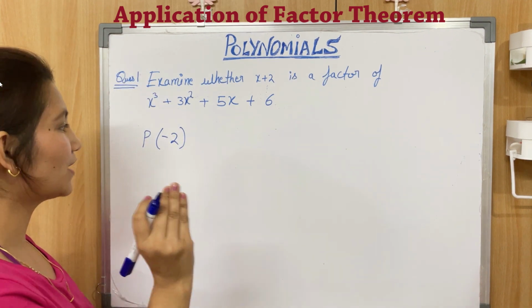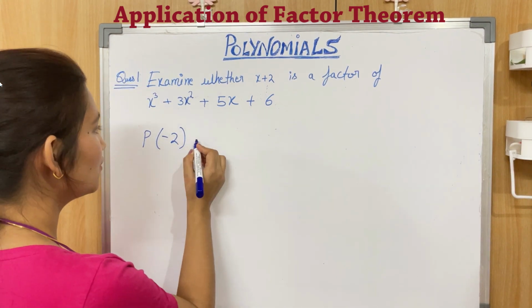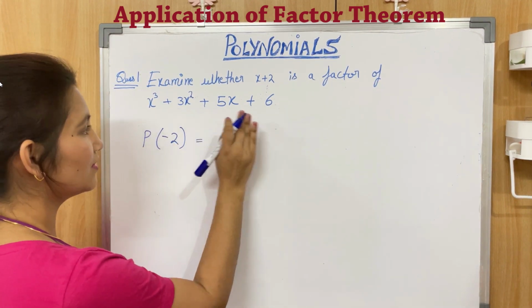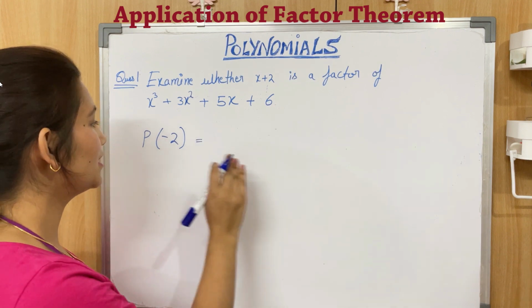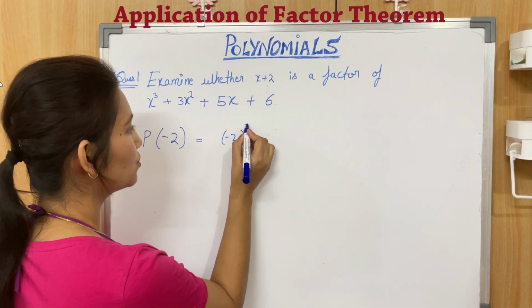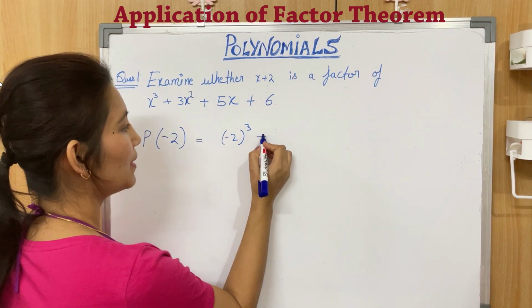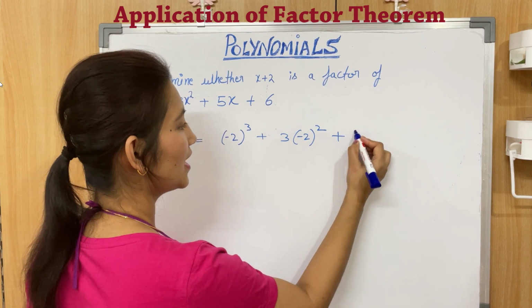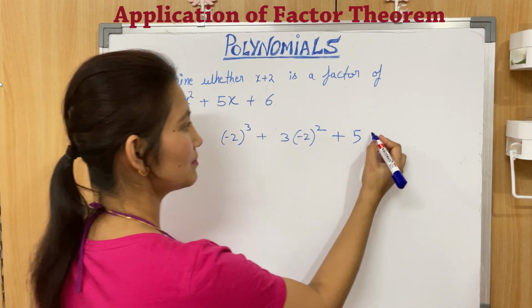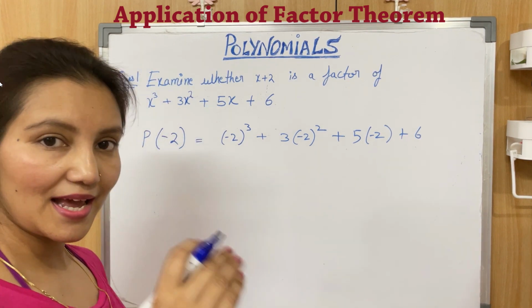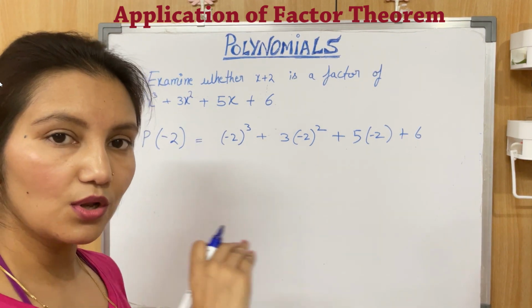So p(minus 2) means wherever there is x in the polynomial, we need to replace it with minus 2. So minus 2 cubed, x cubed, plus 3 times minus 2 squared plus 5x, where x means minus 2, and plus 6. So we are replacing x with minus 2 in the whole expression.